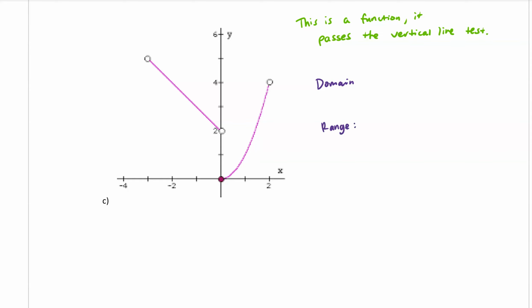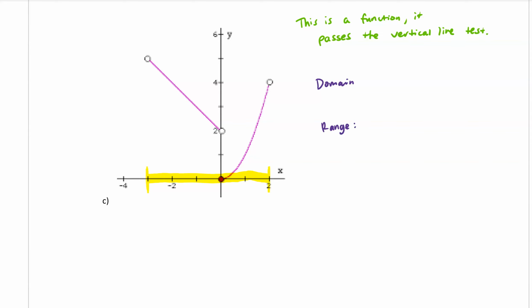Now, notice that this graph, this purple graph, doesn't have arrows attached to it. And in fact, it has on the ends, it has these open circles, which indicate that the graph does not go on forever. So our domain and range are going to look a little bit different in this scenario. So notice that the leftmost point is right here when x equals -3, and then it goes and it stops at the rightmost point when x equals +2.